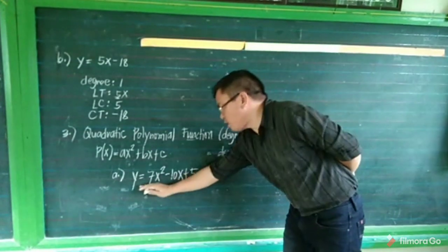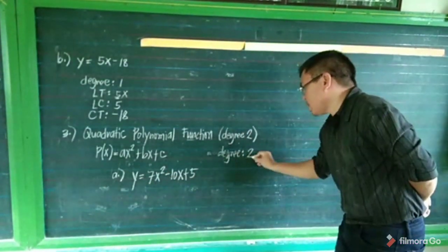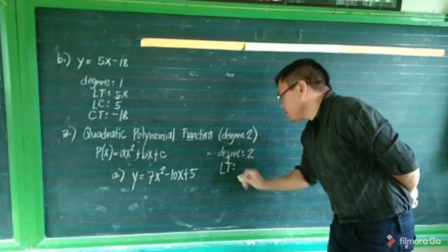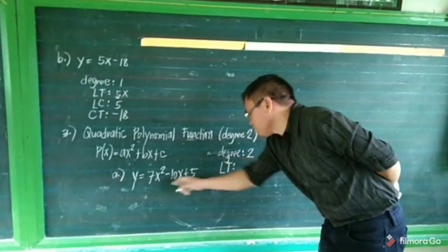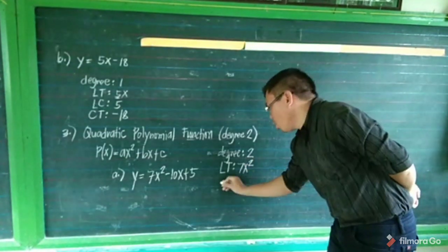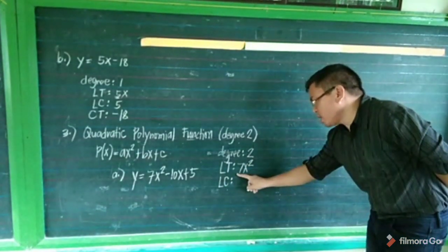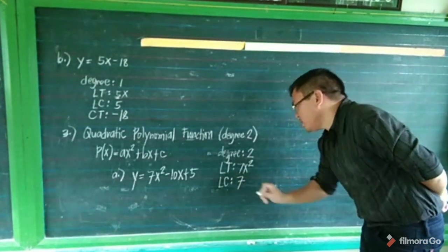Now let's identify the degree. The highest exponent of your x is 2. So that is your degree. The leading term is the term with the highest exponent, and that is 7x squared. Your leading coefficient is the numerical coefficient of your leading term, and that is 7.